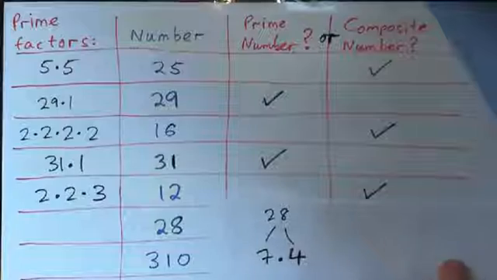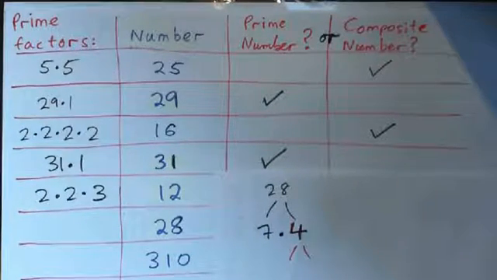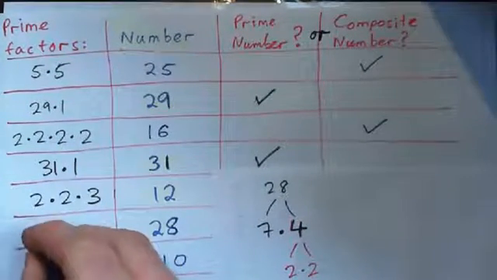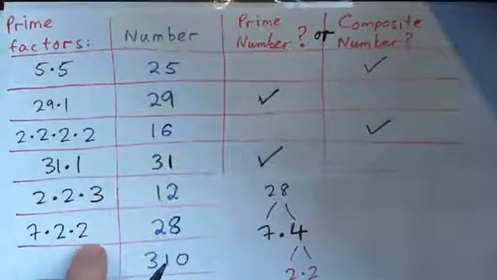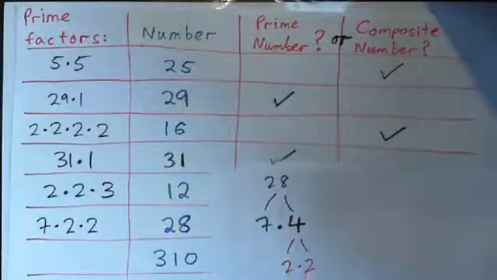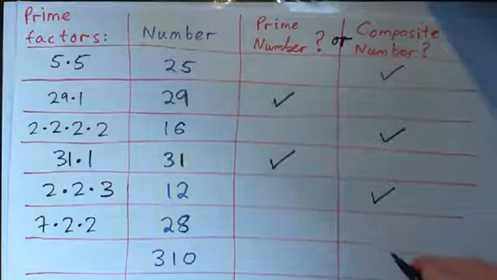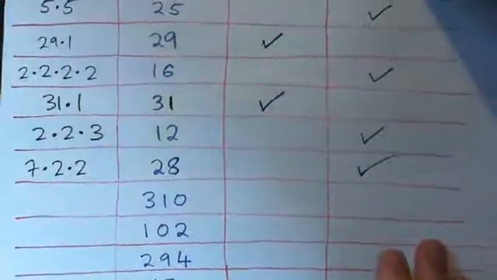And 4 is 2 times 2. So 28 can be written 7 times 4 or 7 times 2 times 2, right? 7 times 2 is 14, 14 times 2 is 28. Right? And is it prime or composite? It is indeed composite, right?